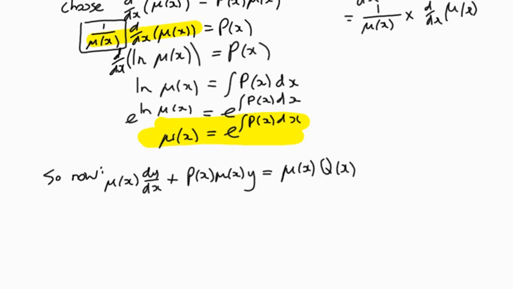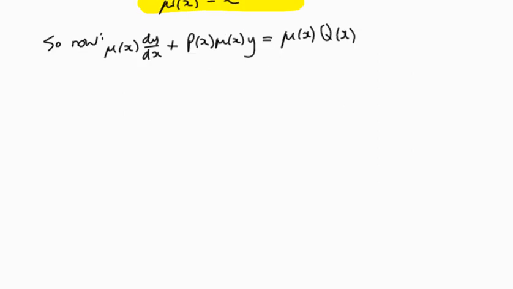It's really on the left-hand side, because we've chosen this value of mu of x to give us the product rule. We're basically saying that we know that is a derivative of that. We can then write the whole of the left-hand side as a derivative of just the term mu of x y. Let's just think about that.